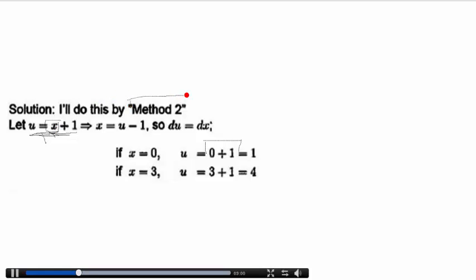Because we're using method 2 over here, which is basically an easy approach, you don't have to convert it back into x and then simplify. In this case we'll just have u, so it's 0 plus 1, because x is equal to 0. This is 0 plus 1, which will give us 1, and then we have u equal to 3 plus 1, which is basically 4.